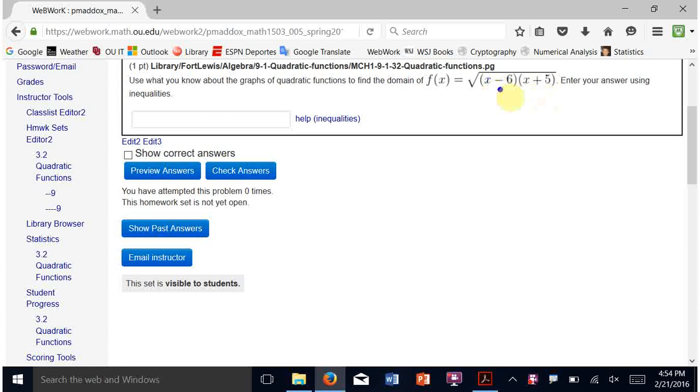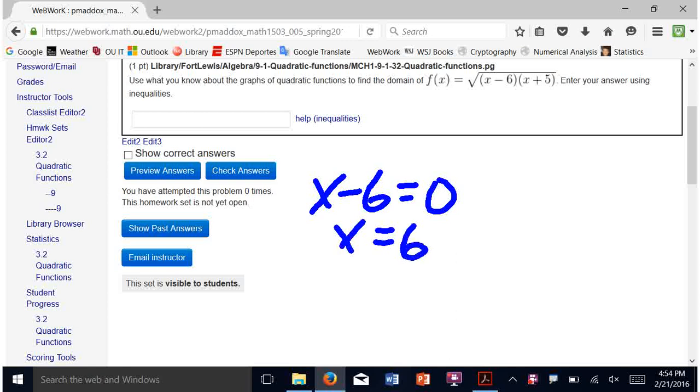You'll essentially be looking at where this quadratic function, as in x minus 6 times x plus 5, is greater than 0. So what you need to do first is find the zeros. So we have x minus 6 equals 0, so x equals 6, or x equals negative 5.